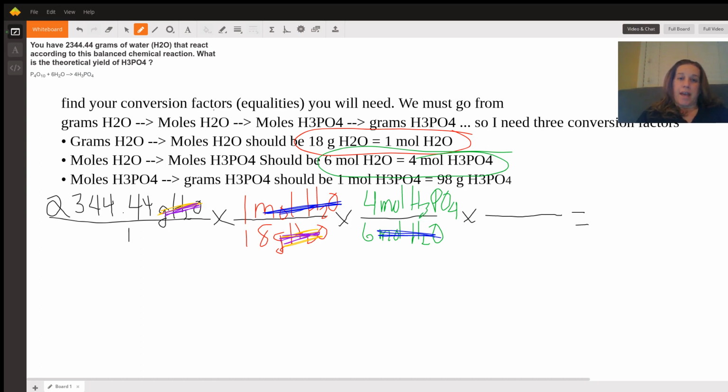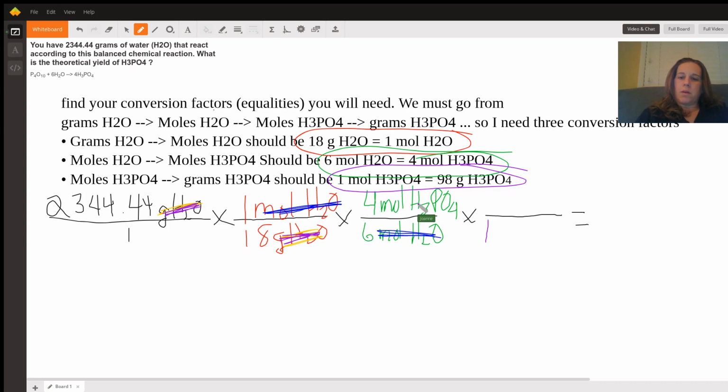If your instructor is asking you to just find the theoretical yield in moles of phosphoric acid, this is where you would stop. I, on the other hand, would ask that you find it in grams because if you were to do an experiment, you would be measuring your resulting product in grams. So the last conversion is to turn moles of phosphoric acid into grams of phosphoric acid. My last conversion factor is right here. 1 mole of phosphoric acid is equal to 98 grams of phosphoric acid.